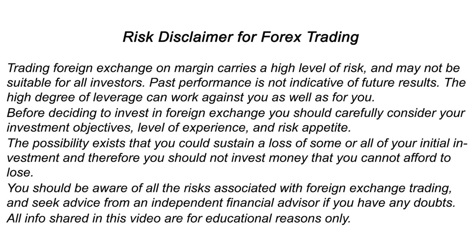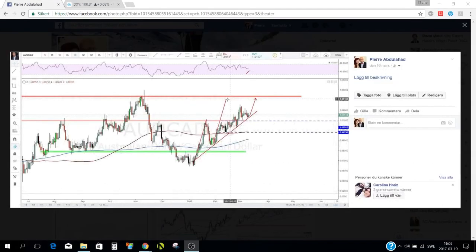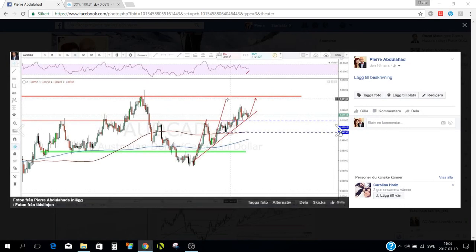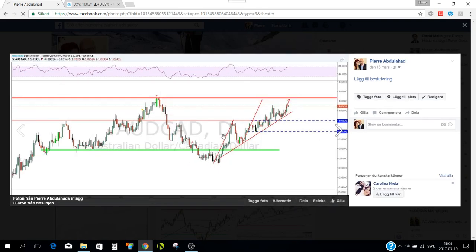So we will start by showing you some of the forecasts from last week and how they went. I think many of you have seen them already on Facebook, but as you see, Aussie CAD, we said that the market objective is maybe to reach that high and give us an AB equals CD scenario, and it looks like it is doing that.